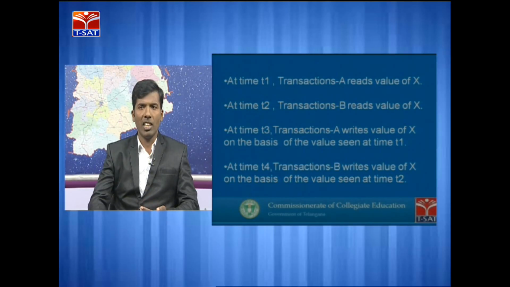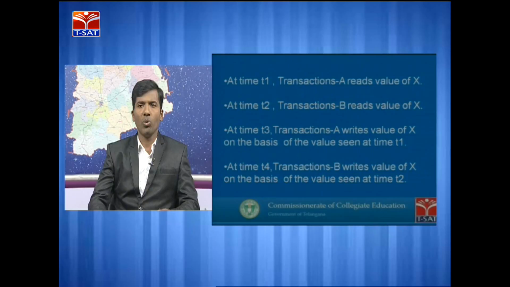At time T3, transaction A tries to write the value of X on the basis of the value seen at time T1, by changing the value of X in the database. But if you carefully observe at time T4, transaction B tries to write the value of X on the basis of the value seen at time T2, without actually caring about the value of X at time T3.